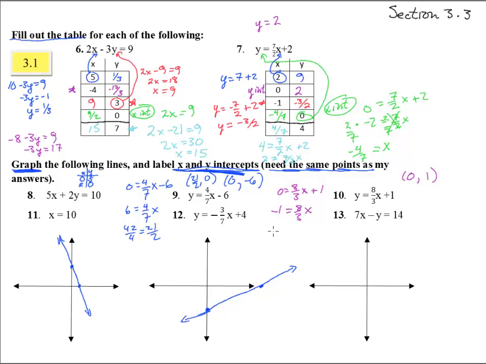Times by 3, divide by 8, and we get negative 3/8. So if we stick 0 in for y, that's a negative 3/8 there. So negative 3/8 is our x-intercept, really tight in there. And 0, 1, so about up there. And there we go. There's our number 10. Good.